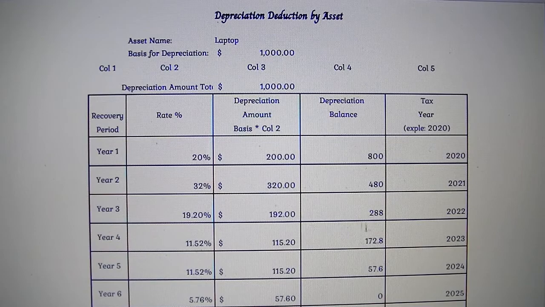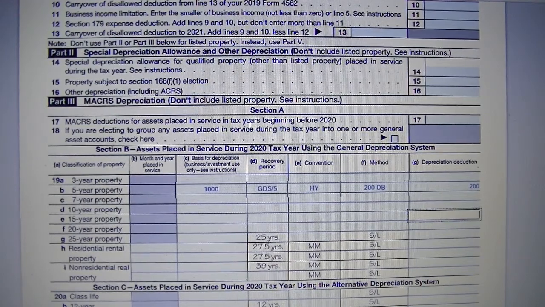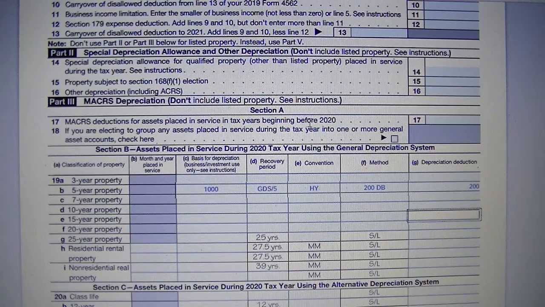So in 2022, the 192 depreciation deduction for year 3 for this laptop will go on line 17, part 3, form 4562, line 17, MACRS deductions for assets placed in service in tax years beginning before 2020.